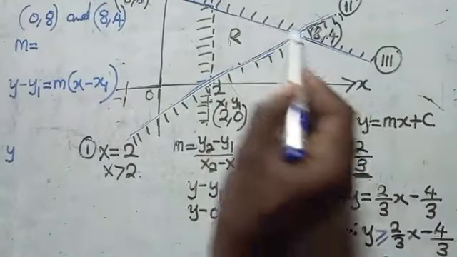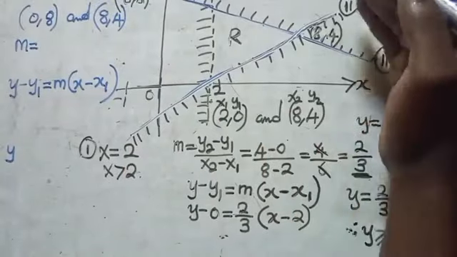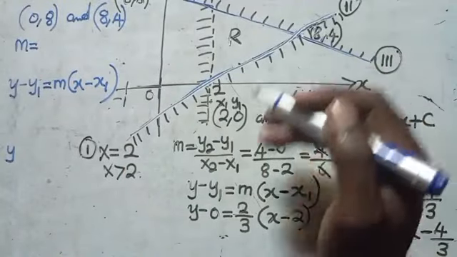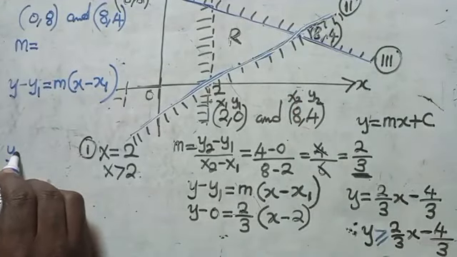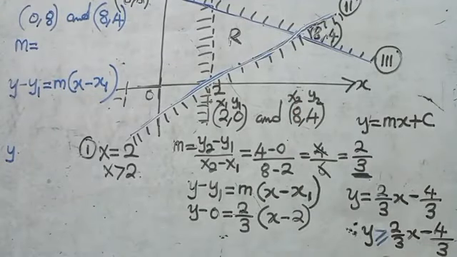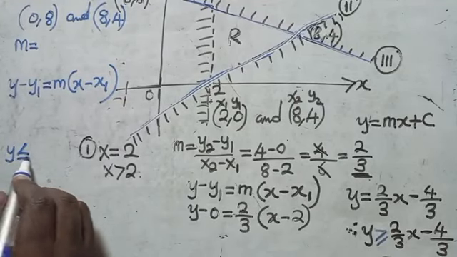When I go to that other one, they have shaded the greater part, so I'll get the lesser part. Have you seen? Here, I've shaded the greater part, so I need to get the lesser part. So the final answer will have y less than or equal to.